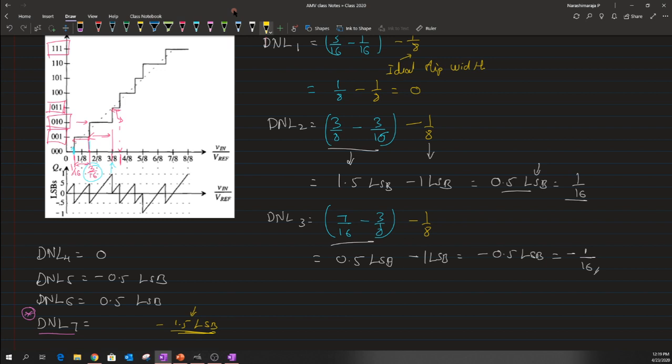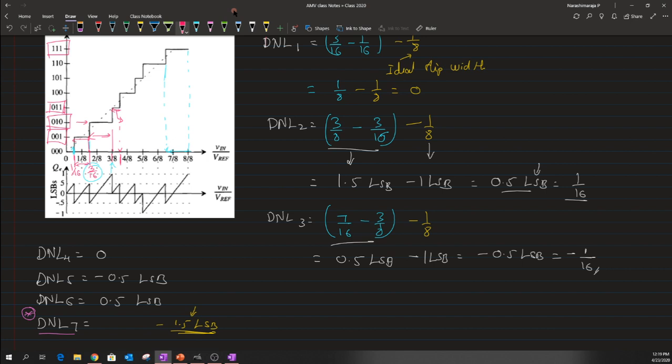So hope that it is clear, and let us try to evaluate the actual step width. By making the measurement, I guess this line would then intersect here, and this is the maximum value that one could have, due to which this width is basically equal to 1.5 LSB.